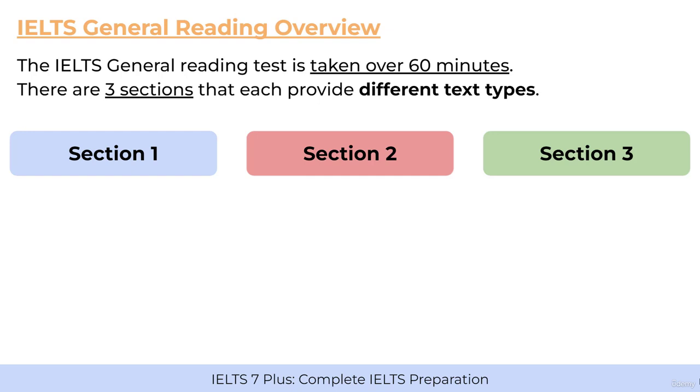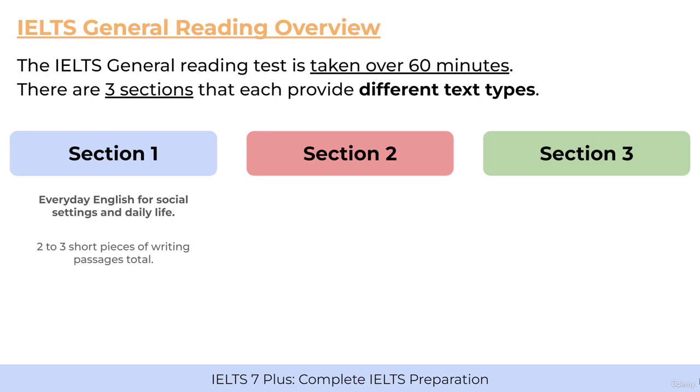Up first in section 1, we have Everyday English for Social Settings and Daily Life. So this is more focused on reading articles that you might see in your general average daily life, living in an English-speaking country.